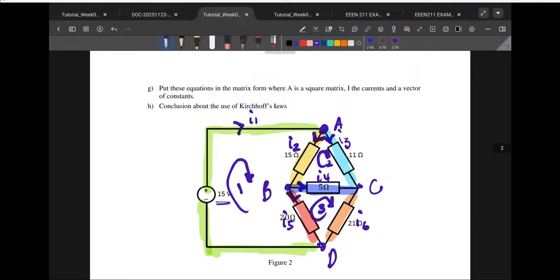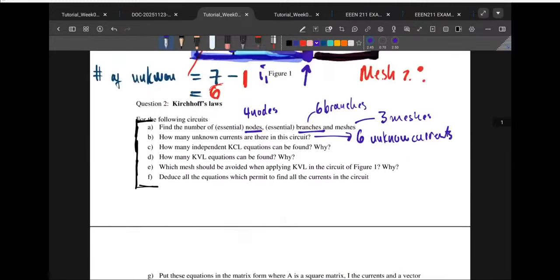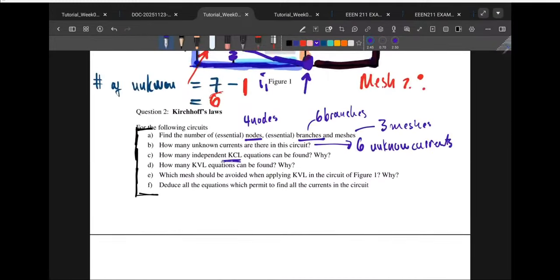Then how many independent KCL equations? The moment you say KCL, this one does not change. It is the number of nodes minus 1, which is going to be 3. So it's going to be 3 independent KCL equations. How many KVL equations can be found?